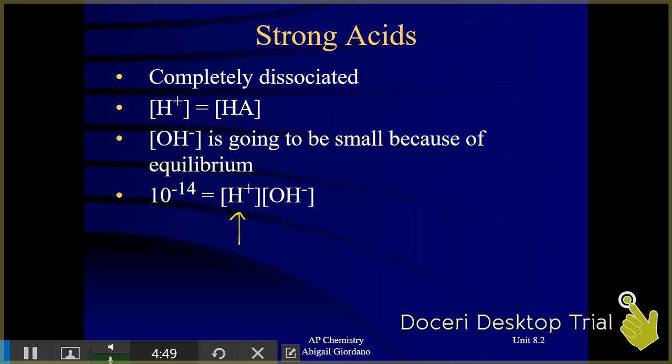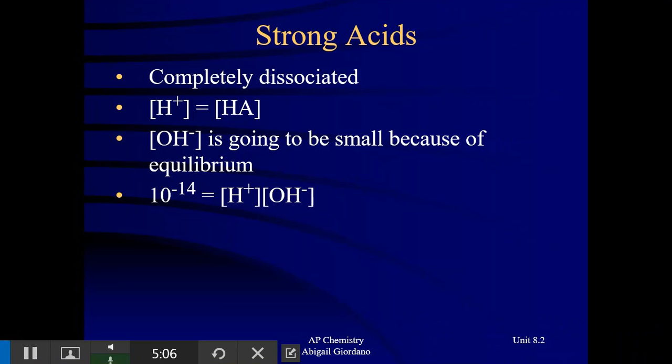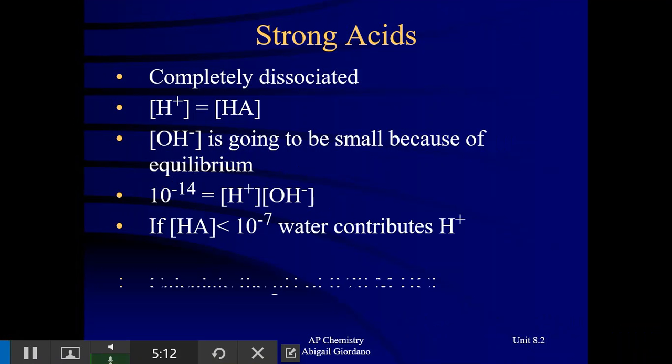If this molarity is relatively high, a relatively large number, that means the OH- must be very, very small because of that relationship. I'm going to come back and address that bullet in just a second.